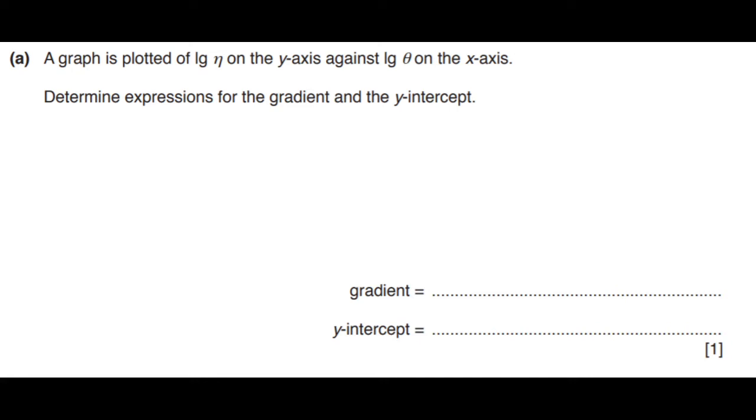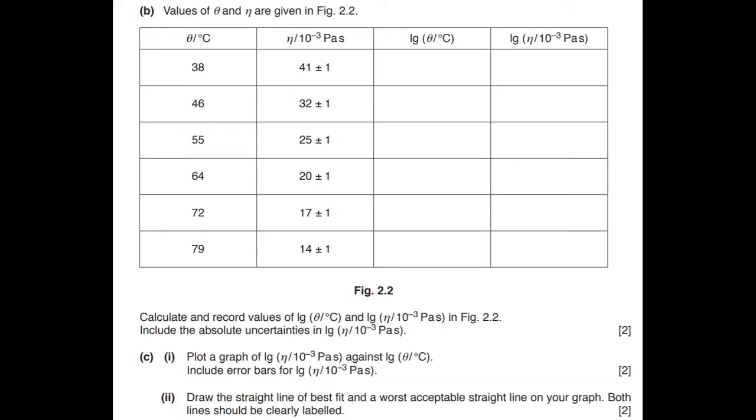Going forward, you are then required to fill out a table, and you'll be given that. It says values of theta and nu are given in figure 2.2. That is the viscosity. So we have that given with the associated uncertainty, right?